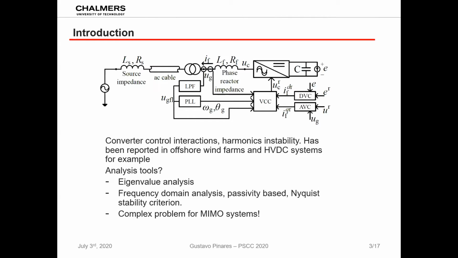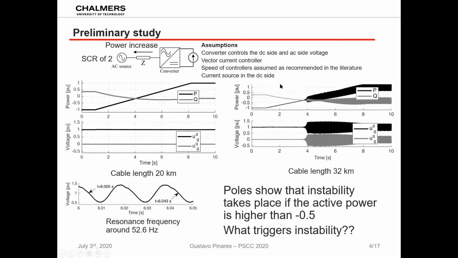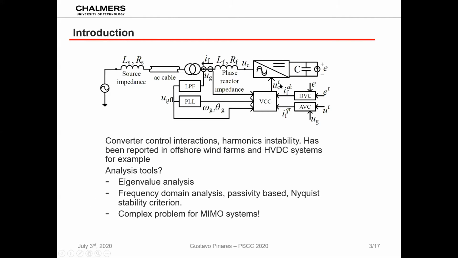So, for example, if you have a resonance in the grid, and you show that the converter is non-passive, which could be interpreted as the converter acting as a negative resistance, you could say that the resonance finds a negative resistance, and that is why we have resonance amplification. But when you have a multiple input, multiple output system, this is more difficult to see.